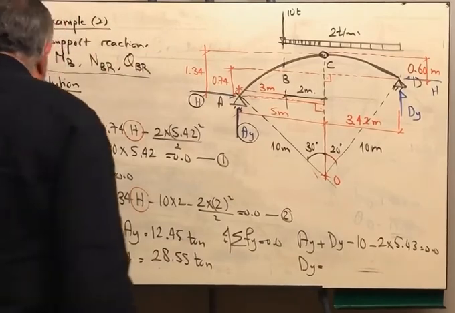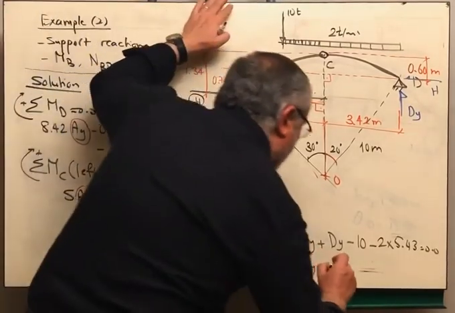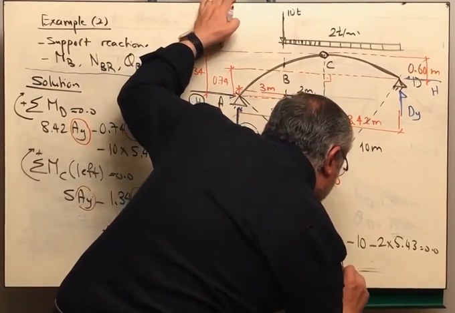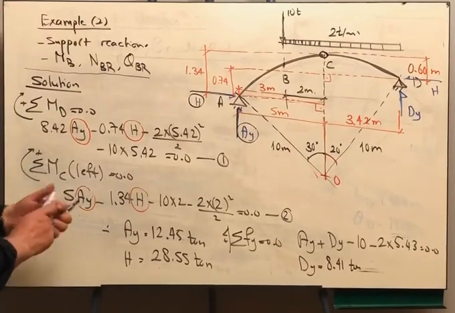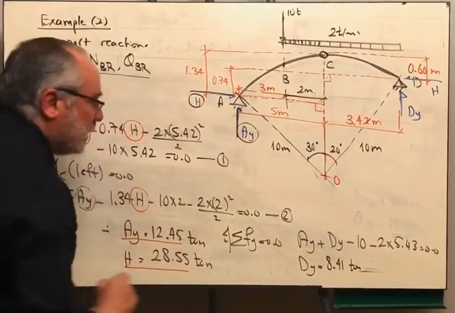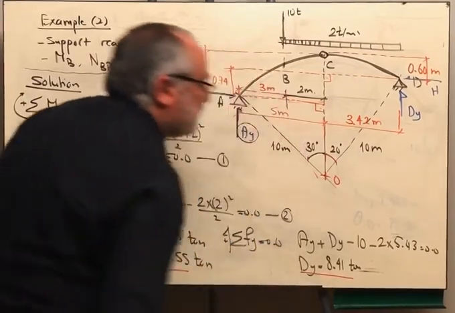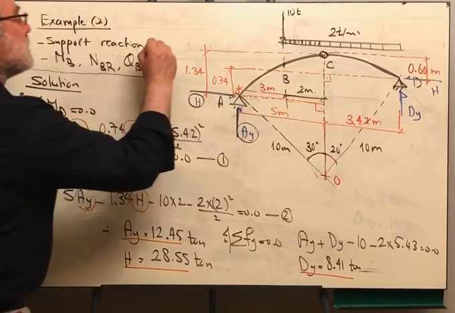From there we get the value of dy, and it will be 8.41. Therefore we got the support reactions AY and H and dy. Now we finished this item.